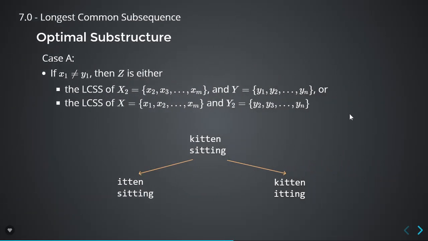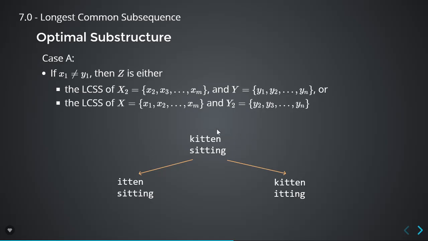All right, let's look at the first one. Okay, first one here, the first characters do not match. So either Z is the longest common subsequence of the left subproblem here, or it is the longest common subsequence of the right subproblem. Now, one more time. Z is the optimal solution to the whole problem.